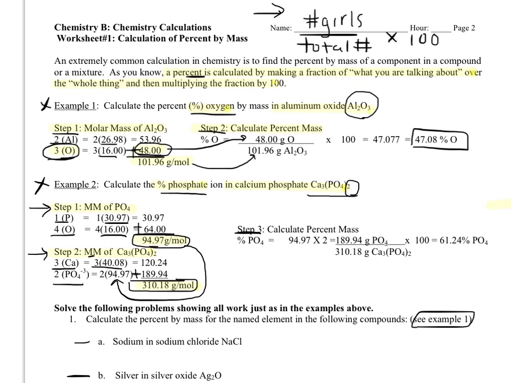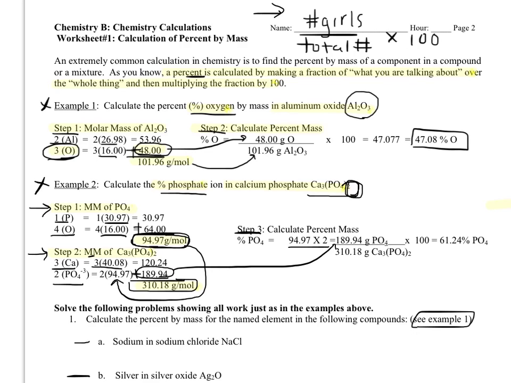Third step, putting it all together, actually calculating a percent. Again, we know that 1 PO4 weighs 94.97, but we know that there's actually 2 PO4s. So we take that 94.97 and multiply it by 2. Now, if you're smart, you'll look down here and see that you've already done that. It's 189.94.